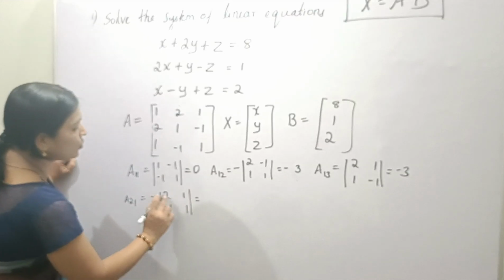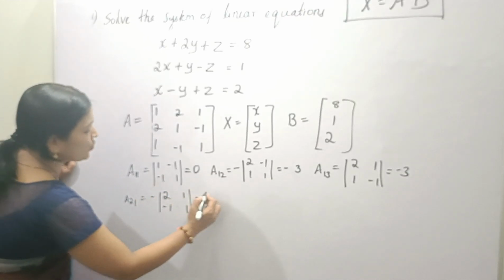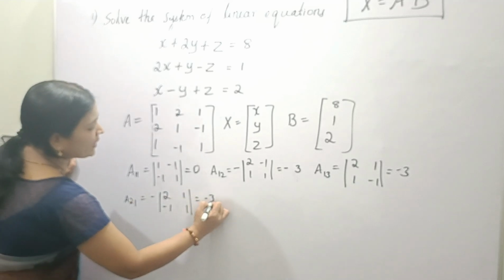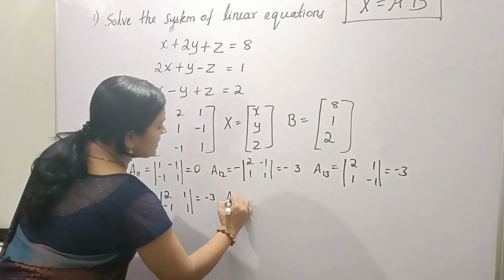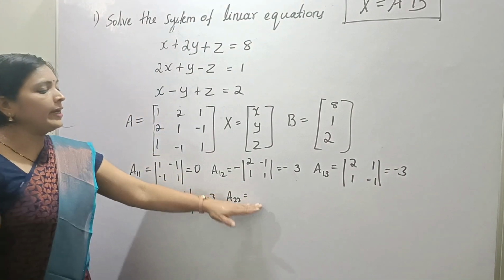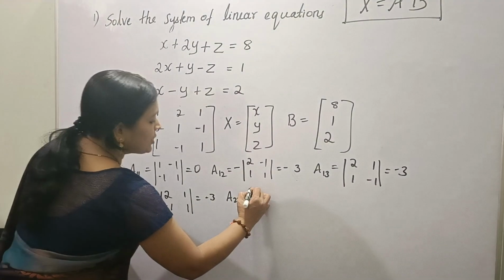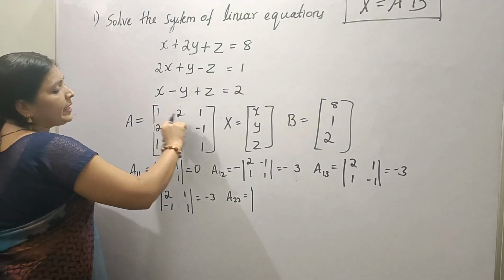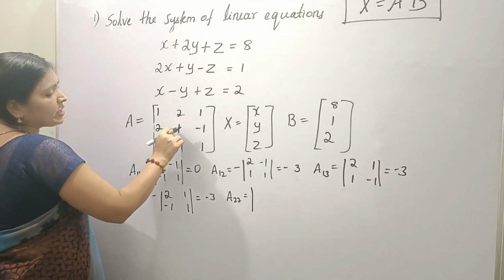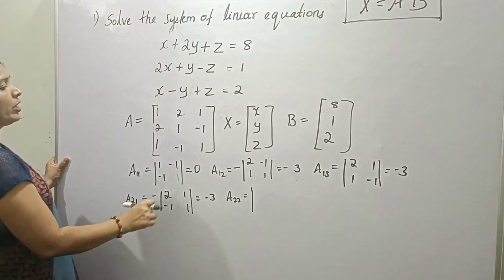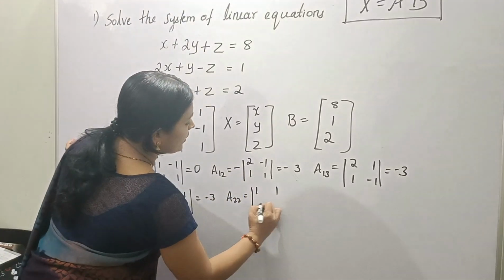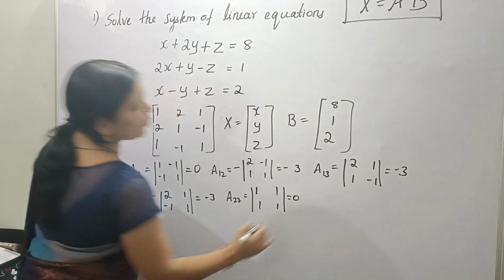That is equal to 2 minus minus 1, that is 3, into minus, so minus 3. Next is A22. Here it is plus. The determinant of A22, the cofactor of this one. Delete this row and column which contains this one, so the remaining is 1, 1, 1, 1. That is 0.